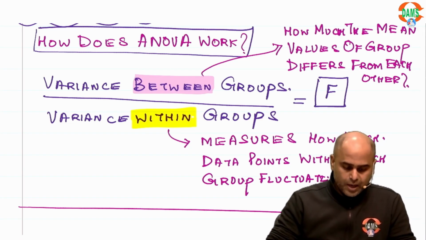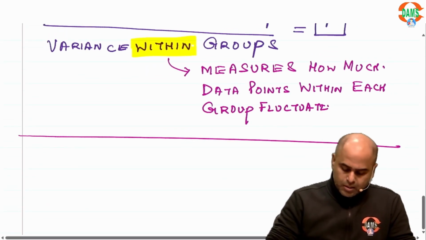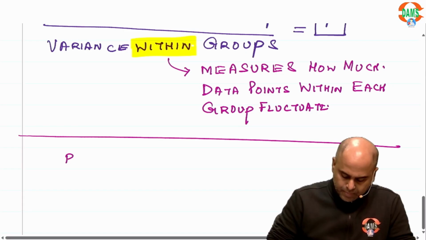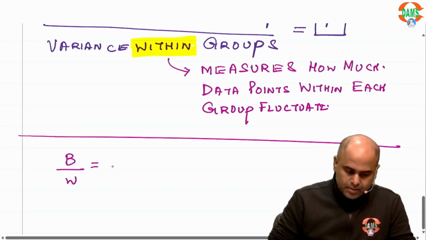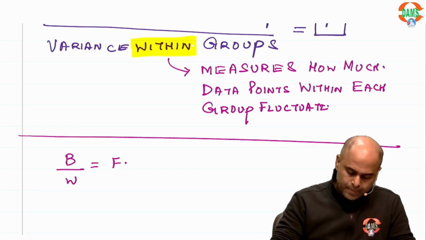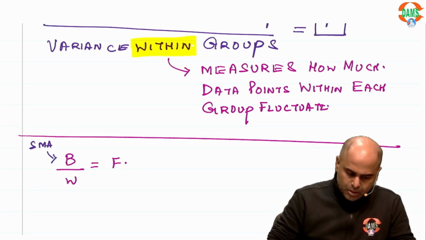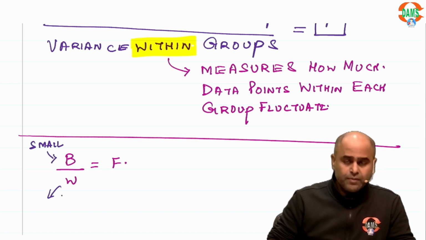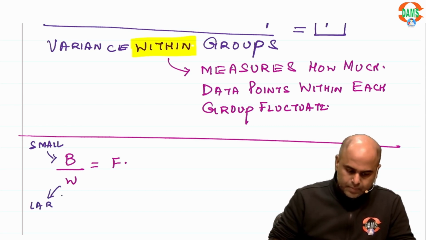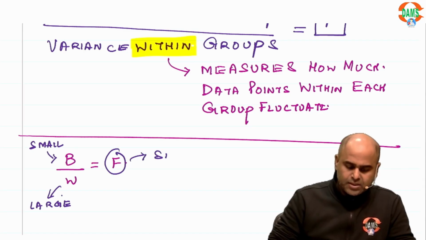Yes, now you can have the between and within F. Imagine if you have between that is small and within that is large, then automatically the F statistic will be small.